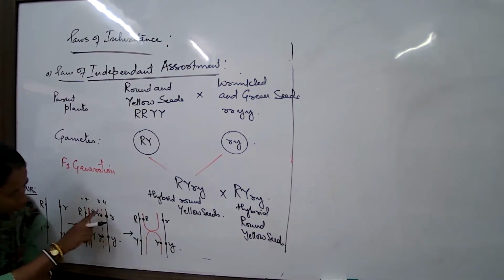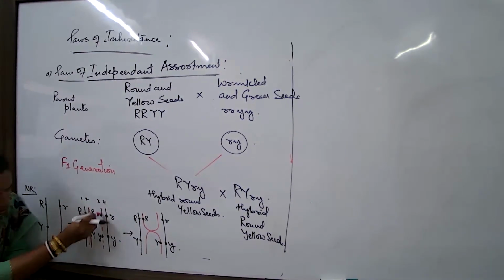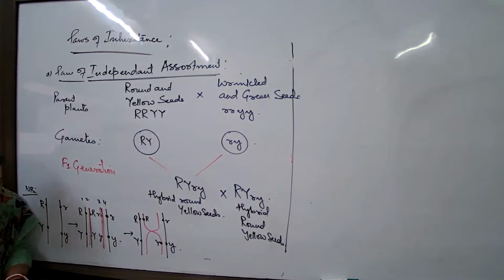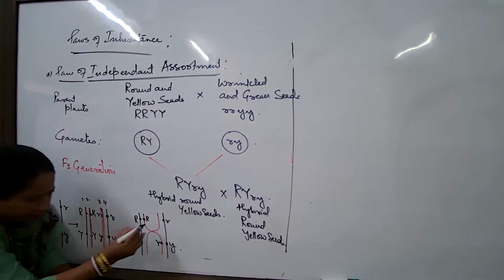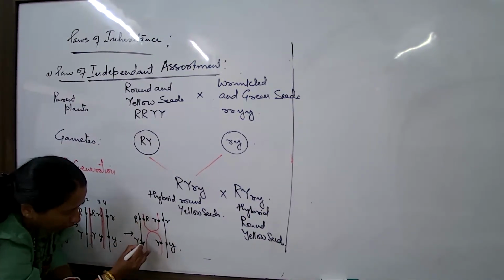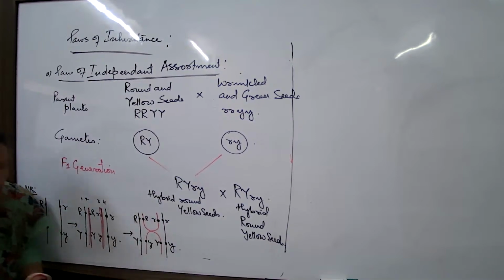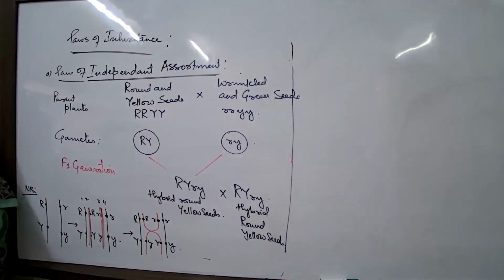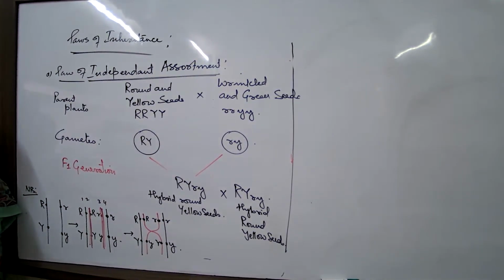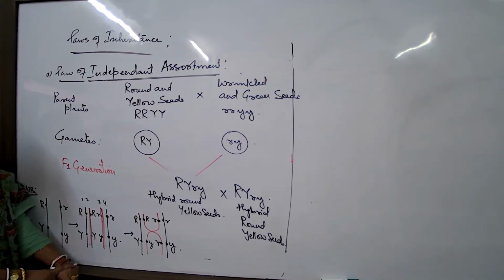What about this one? Chromosome 3. This is the chromosome. What are the alleles? Small r, small y. Now that they overlap, small r, small y became like this. Overlap. Is it making sense? How far have you understood?